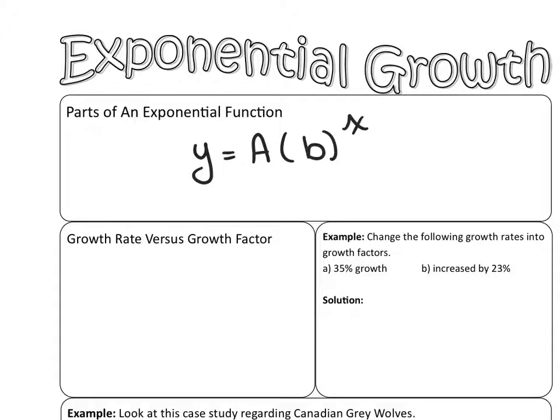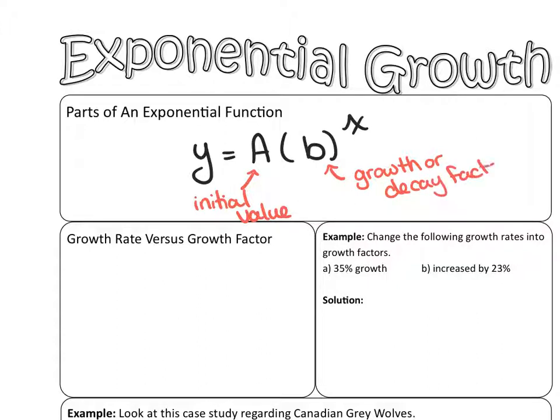Now, what you found from the previous lesson is that a is always our initial or starting value. So it also happened to be our y-intercept. And then b is your growth or decay factor, which I'm going to talk about in a second.